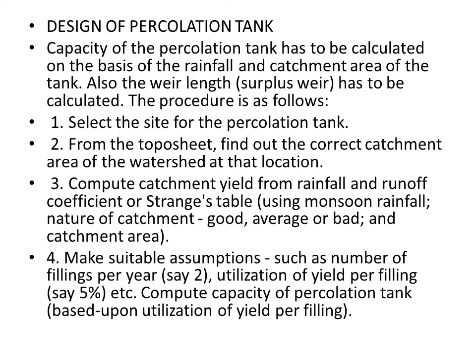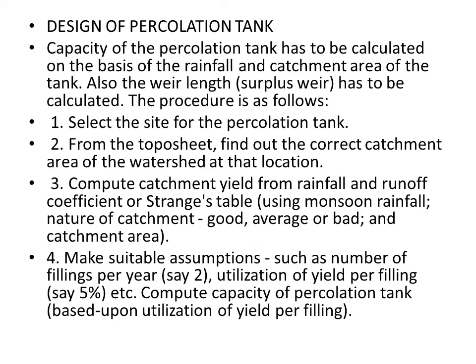The capacity of the percolation tank has to be calculated on the basis of the rainfall and catchment area of the tank. Also, the weir length has to be calculated. The procedure adopted is as follows. Select the site for the percolation tank. From the topo sheet, find out the correct catchment area of the watershed at the location.